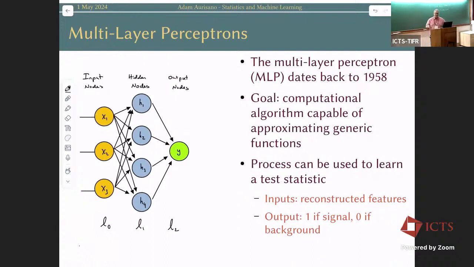And the idea was to try to create a computational algorithm that could approximate generic functions, right? You could arbitrarily well approximate a function. And this process can be used to learn a test statistic. So if you've ever made a selector where you put in input features and then you try to train it so that the function yields 1 if your signal and 0 if your background, you have made a test statistic. That's what you're doing when you do that.